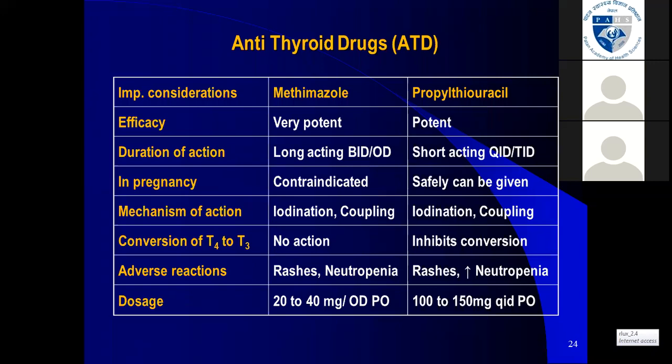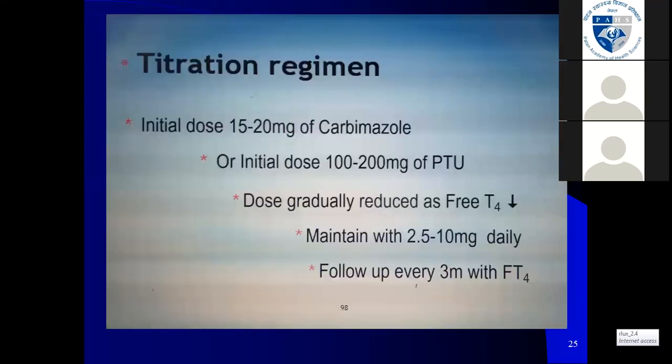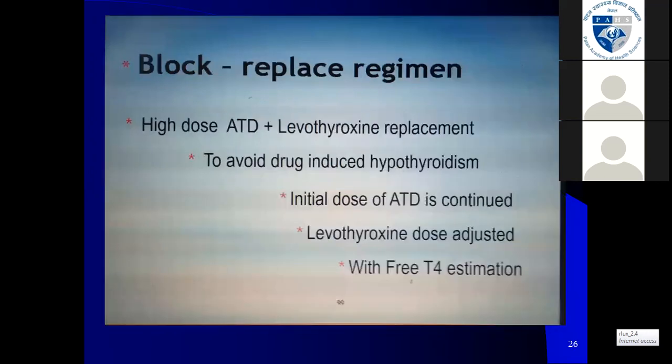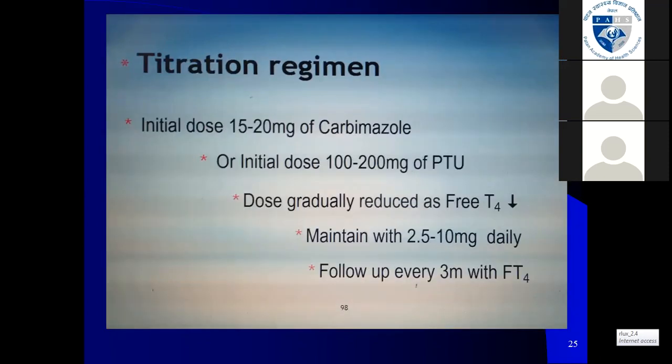There are two regimens in hyperthyroidism. One is the titration regimen, and another is the block and replace regimen. In the titration regimen, we use the antithyroid drug and titrate it.